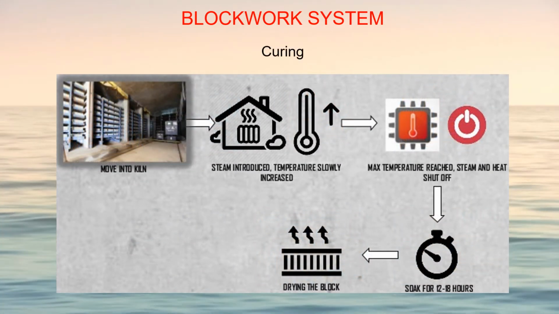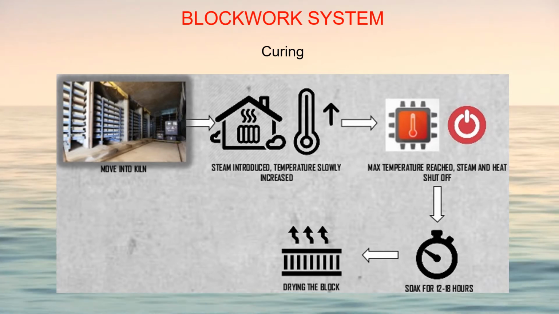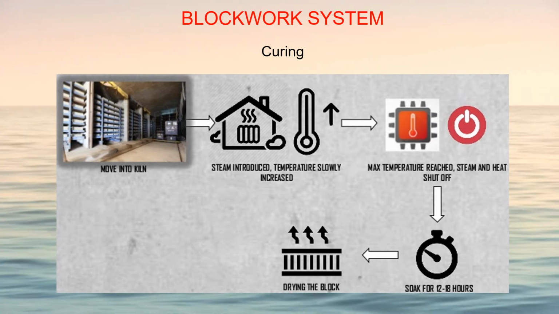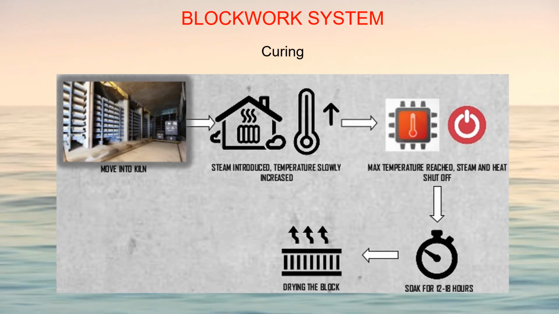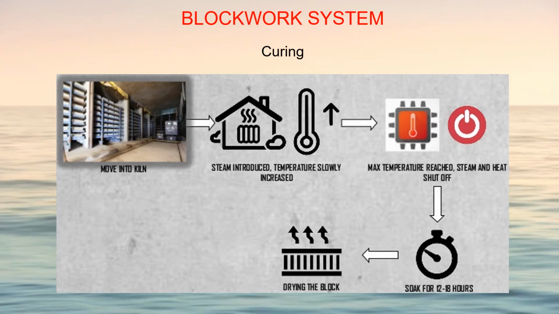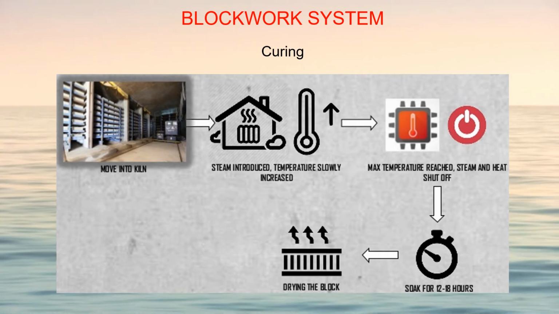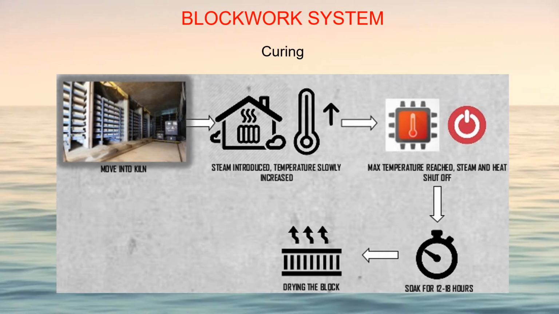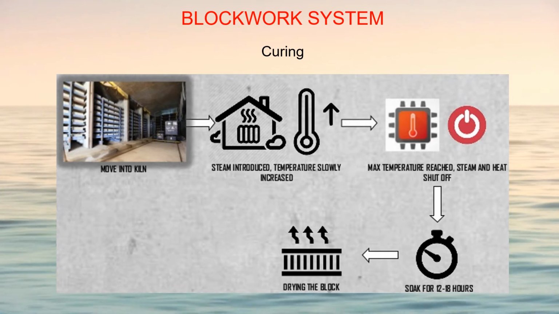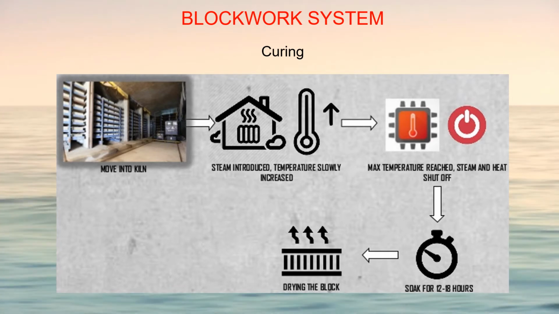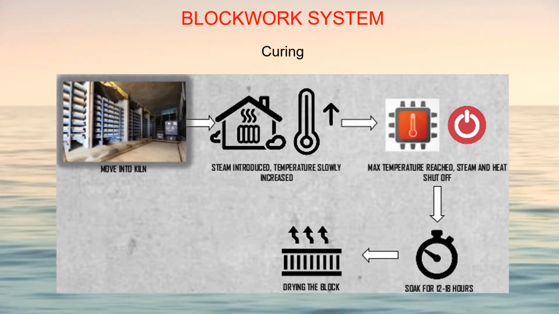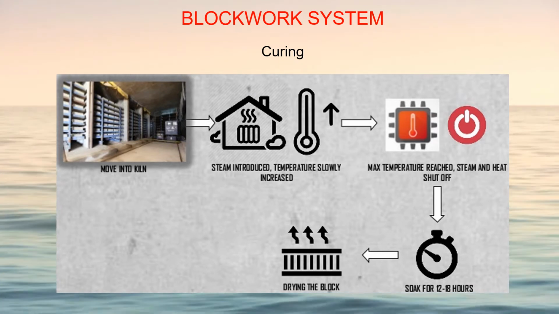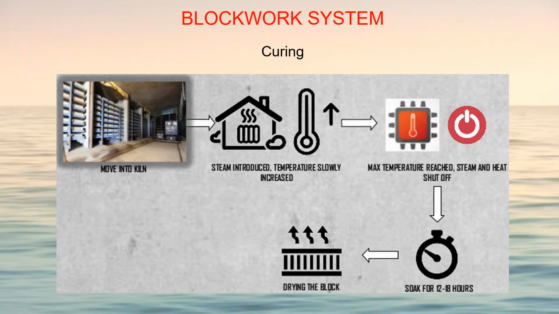Third, curing. Steel pallets are then shifted to an automated stacker which places them into low-pressure steam kilns to be heated. Generally, the rack of concrete block is preset in the kiln. Steam is gradually introduced to the kiln and the temperature is slowly increased to the appropriate level.